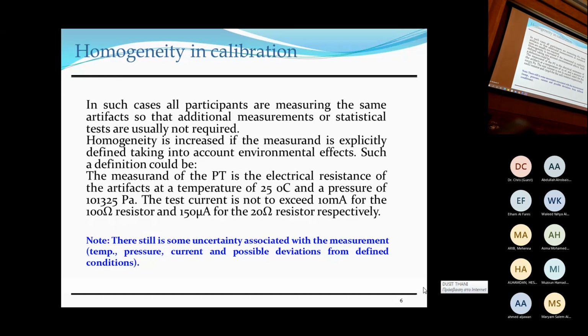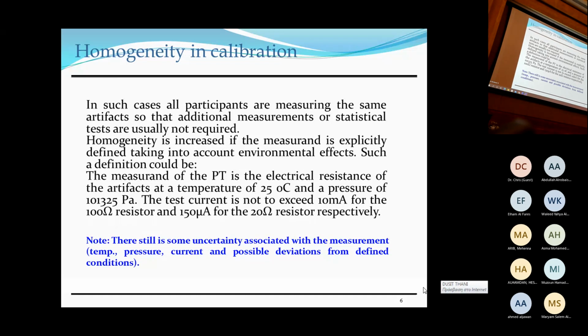The homogeneity is important because every one of the participants should be measuring the same thing. In calibration, it's not that evident what is meant by homogeneity. Okay, in fact, homogeneity has pretty much the same meaning in this case as the definition of the measurand.